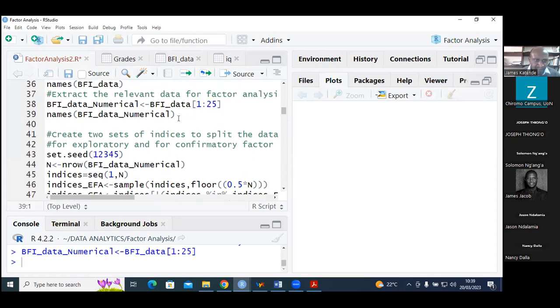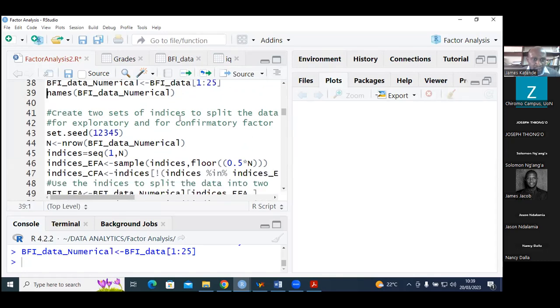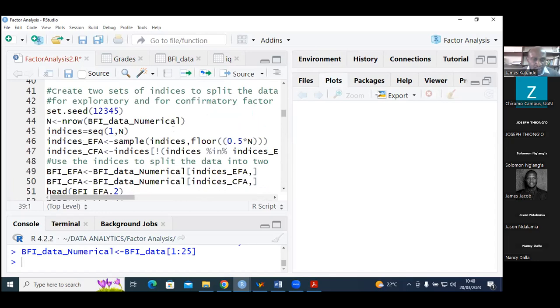So usually when you're doing this analysis, you may want to do confirmatory factor analysis later. So what you do is you split it into 2 data sets, one for the exploratory part, and then you can do the confirmatory analysis later.